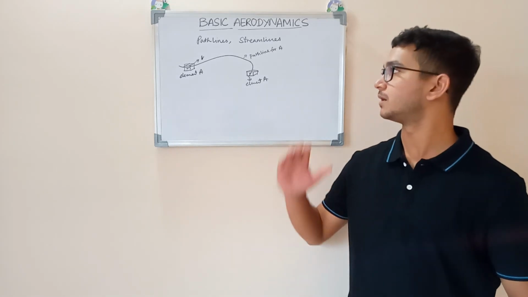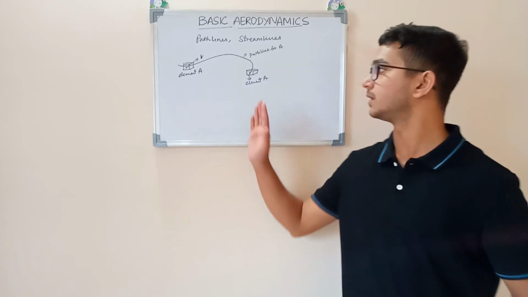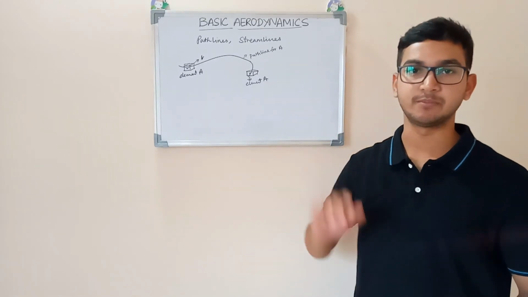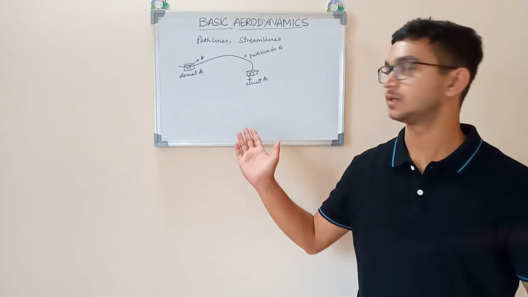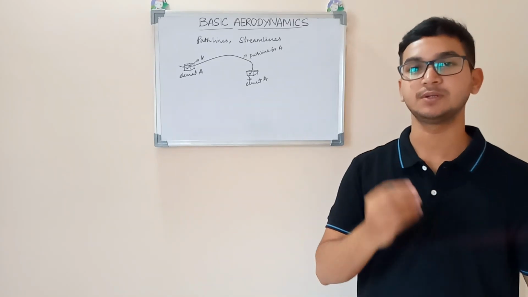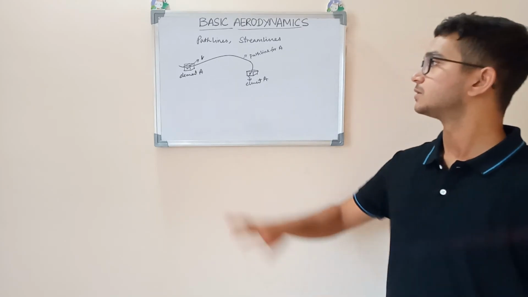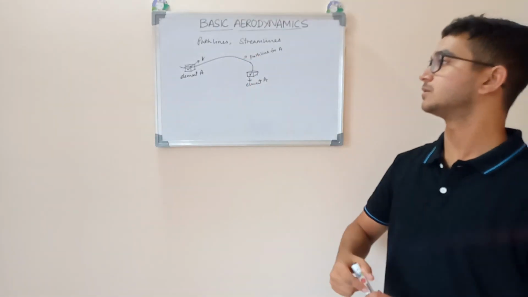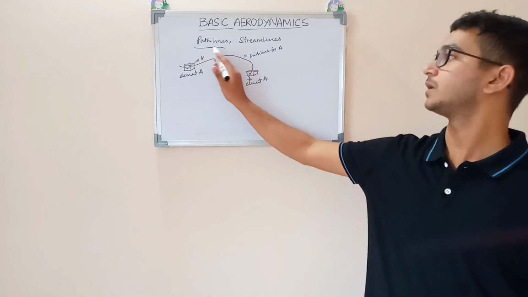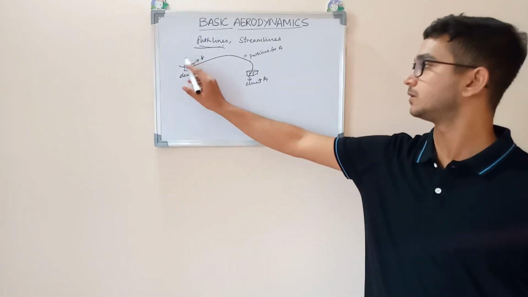Coming to the part called path lines and streamlines, these are important things you should keep in mind, and they will be helpful in aerodynamics, for example to locate the path of a point or a body in the fluid flow. So what is a path line? How do you define it? For this I have drawn a figure like this.